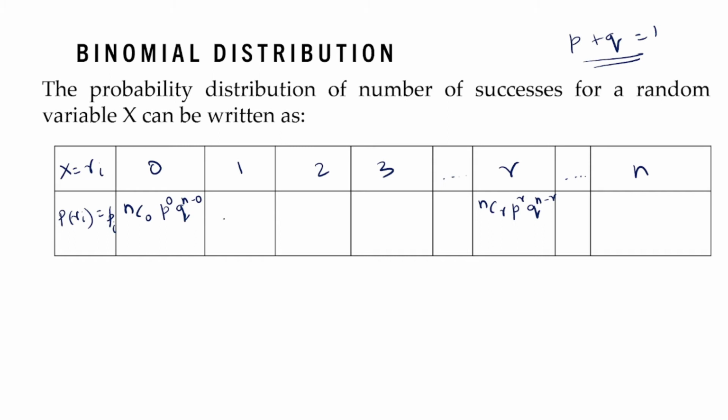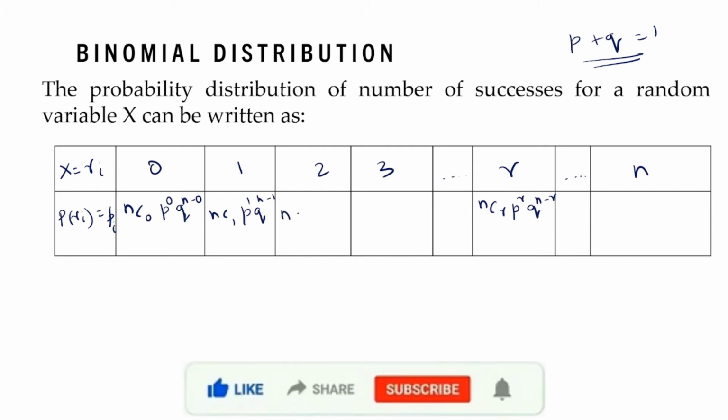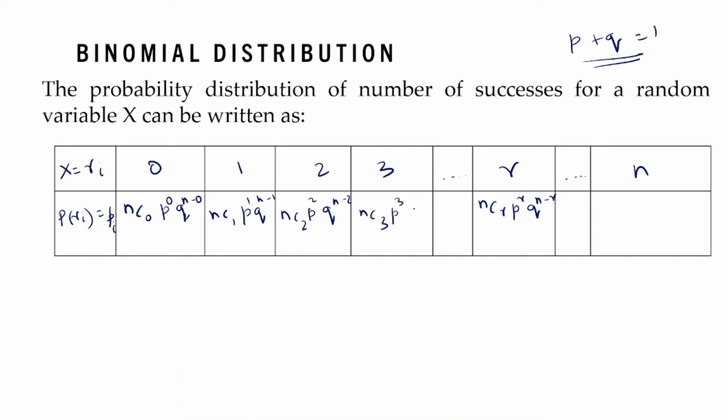Then the probability of 1 success will be nC1, p raised to 1, q raised to n minus 1. Probability of 2 successes, nC2, p raised to 2, q raised to n minus 2. Probability of 3 successes, nC3, p raised to 3, q raised to n minus 3.